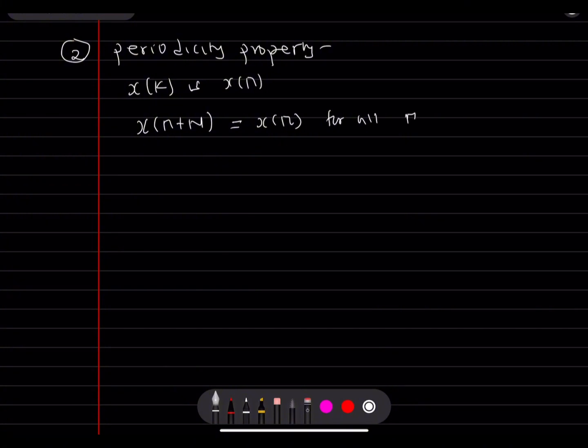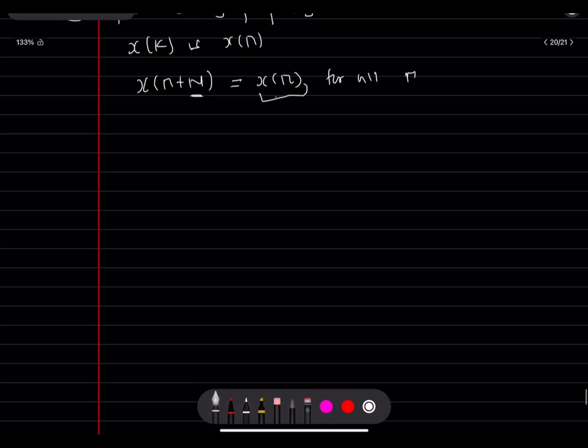That is, if you add this duration to n, you are supposed to still get the same value. And if you are able to get it, that's why we say the signal, or the sequence, is periodic.